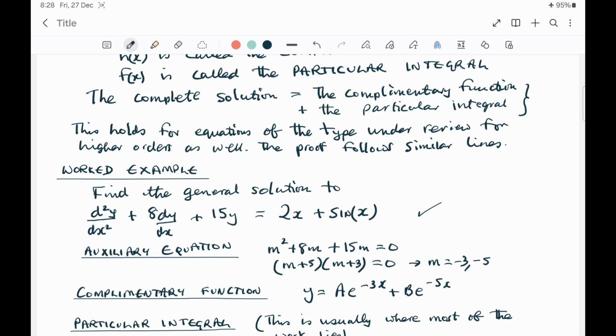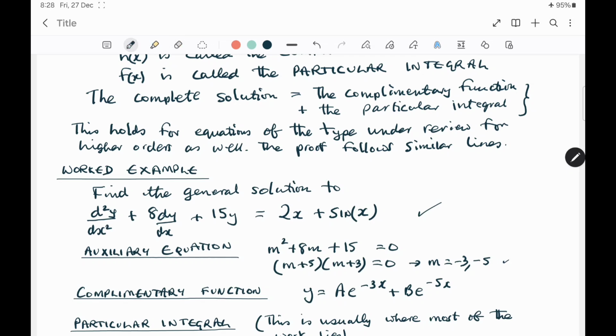This is what we did at the very beginning, and replacing the differentials by m² and m, we get m² + 8m + 15 = 0, which factorizes as (m + 5)(m + 3) = 0, so m is -3 or -5.